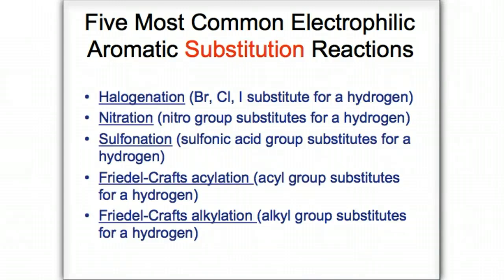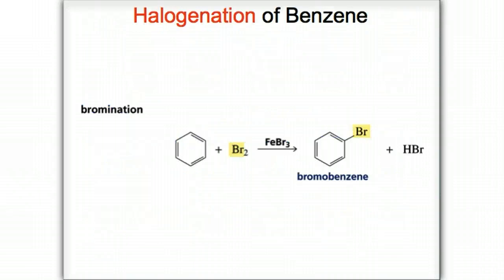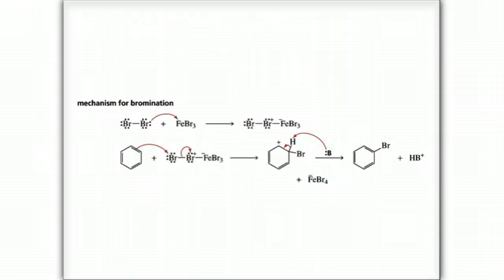Let's look at halogenation on the next slide. The halogenation of benzene. The bromination or chlorination of benzene requires a Lewis acid, as you can see, such as ferric bromide or ferric chloride. A Lewis acid accepts a share in a pair of electrons. Now the mechanism of this reaction is shown on the next slide. The mechanism for the bromination of benzene.